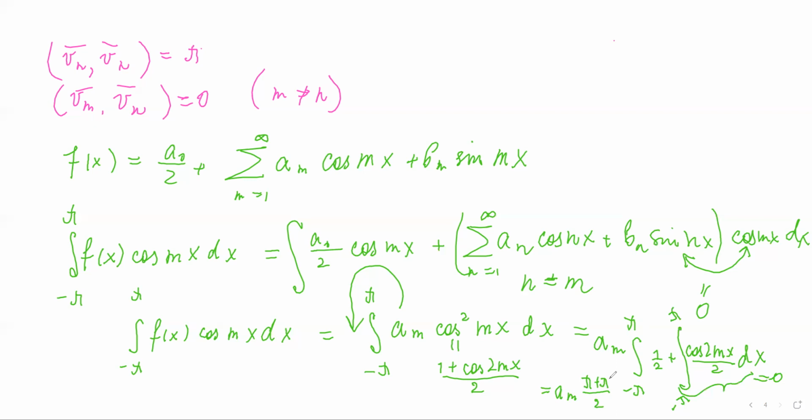So now I got a general formula. Let me add a page and change my color. My general formula is going to be like this: the integral from negative pi to pi of f of x cosine of mx dx equals, so what I got, well, 2 pi divided over 2 is pi, right?